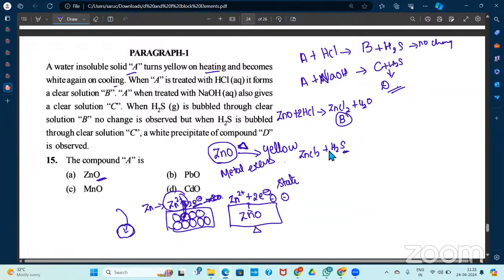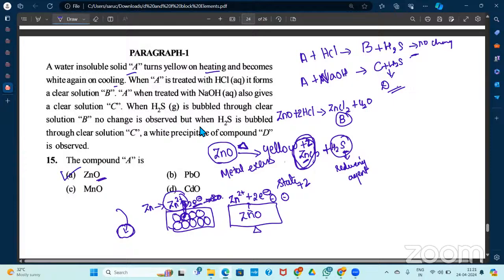I have the +2 oxidation state, and H2S is a reducing agent, so it will try to reduce zinc. Will zinc get reduced from the +2 oxidation state? No, the +2 oxidation state is more stable, so there will be no change at all. Therefore, option A.